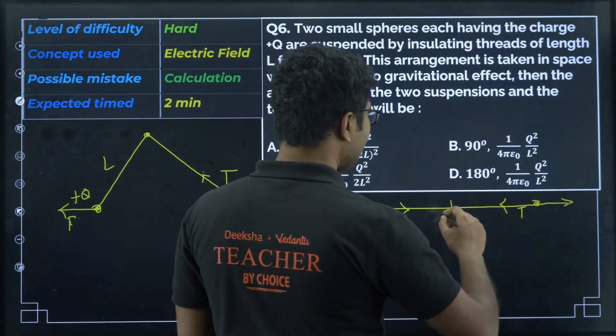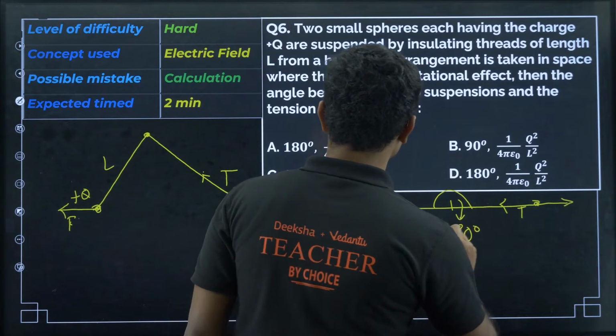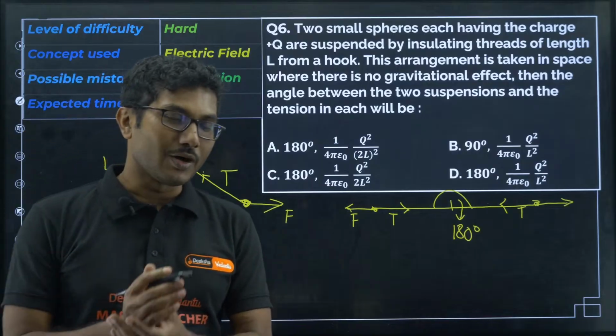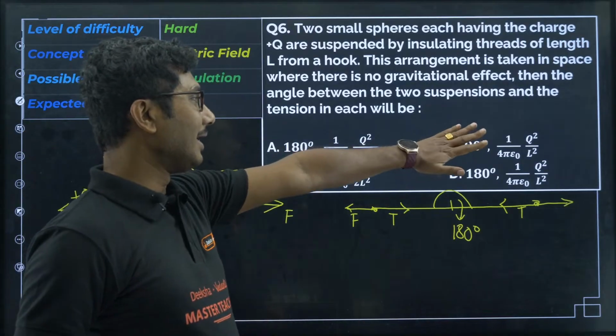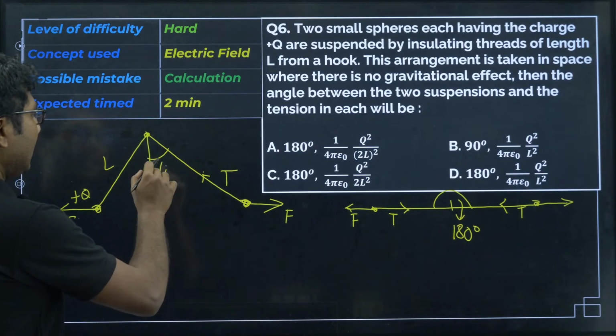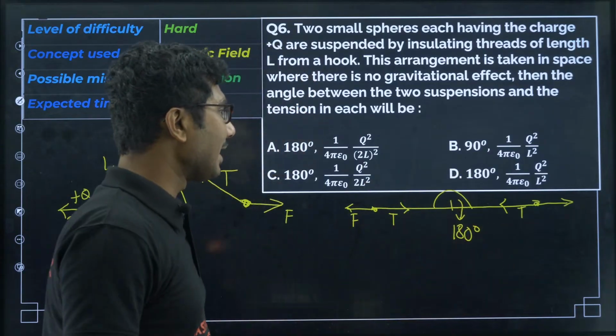The angle will definitely be 180 degrees, no other angle is possible. In the options, three of them are 180 degrees, so 180 degrees will be the answer. 90 degrees is not possible. They can only stay in equilibrium when they are completely stretched.